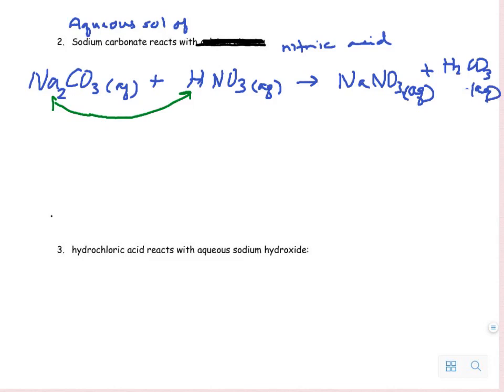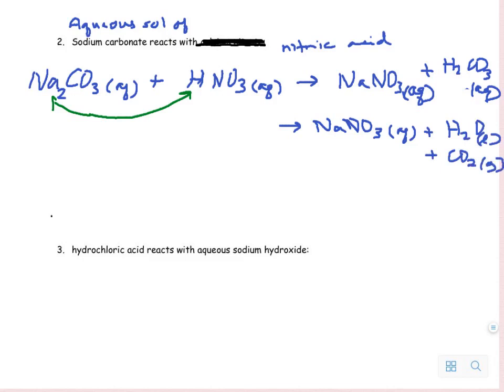Consequently, that acid breaks down almost immediately to give you two very common compounds. I'm going to rewrite it underneath this with what you get. So the sodium nitrate is your first product, and the hydrogen carbonate, as an acid, carbonic acid, breaks down to give you water as a liquid and CO2 as a gas.